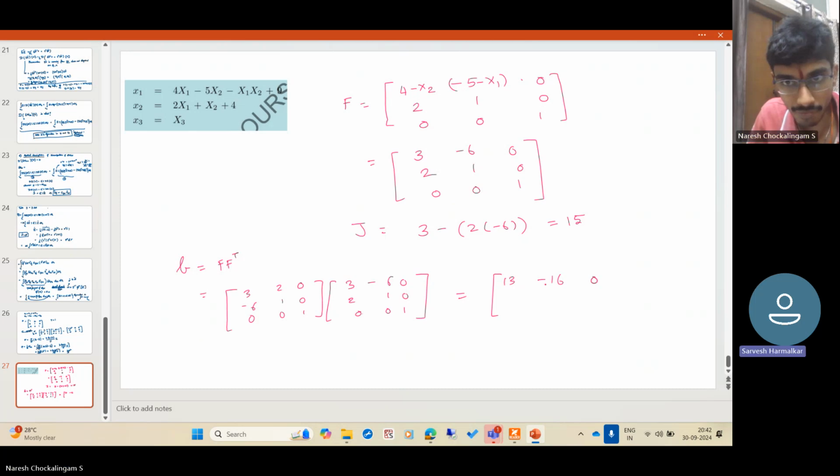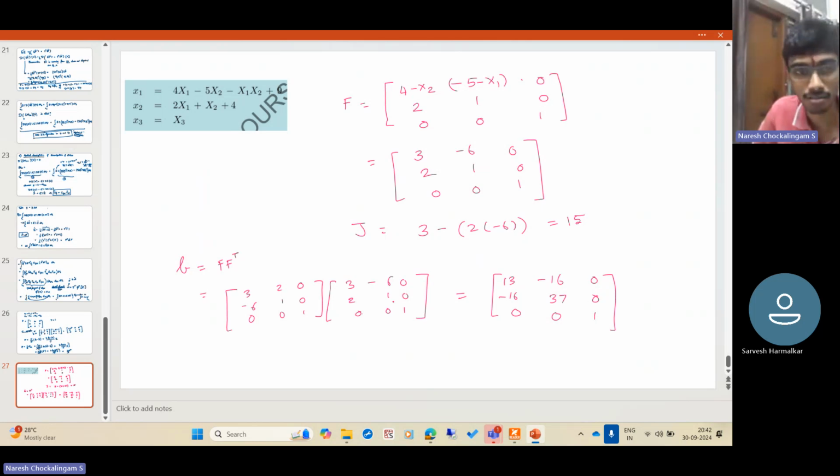Then this, and then 0, 0, 1. So BB transpose. This is B. So sigma is defined as that expression.